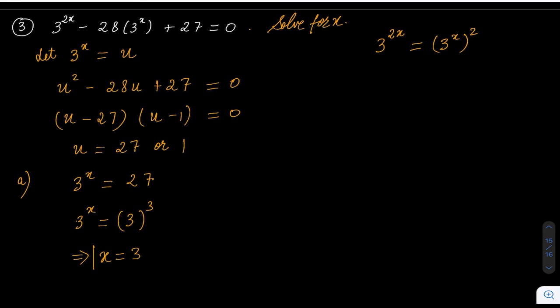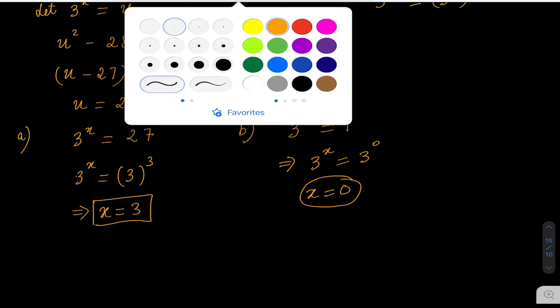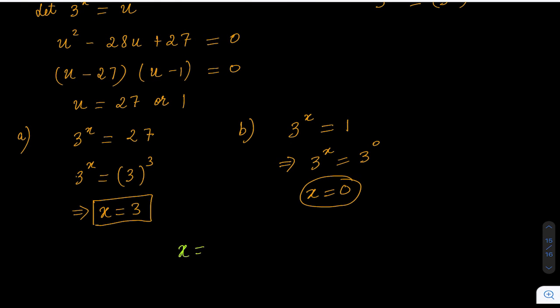So x is 3, then we have 3 power 3 as 27. Now second case, similarly 3 power x equals 1. You already know 3 power 0 is going to be 1. So x is 0. Even if you want to write one more step, you can write 1 as 3 power 0. So it gives us x as 0. So my answers are 0 and 3 for this question. So x can be 3 or 0.